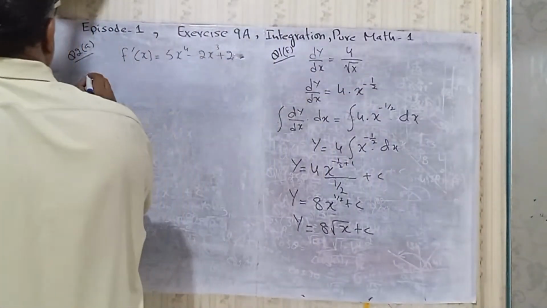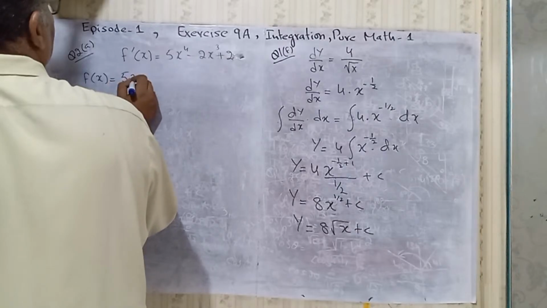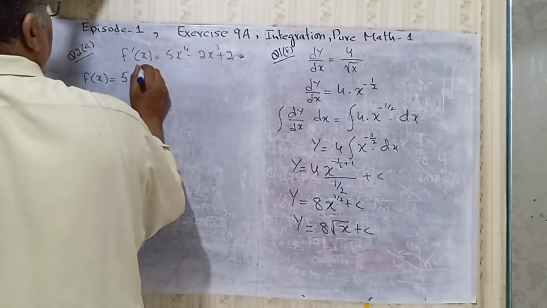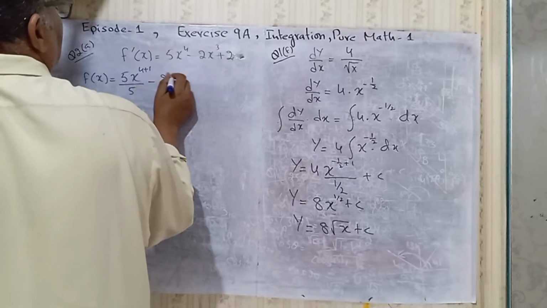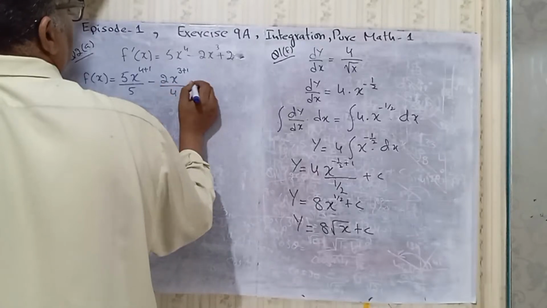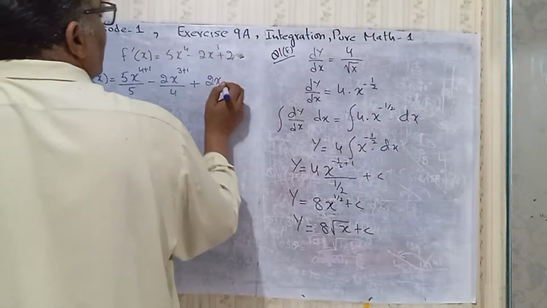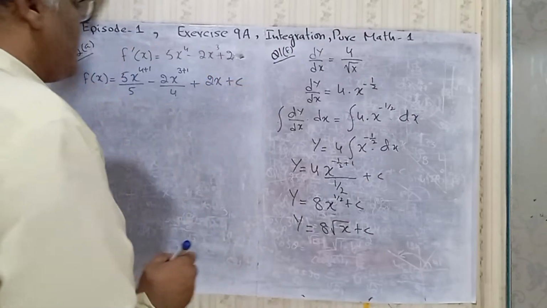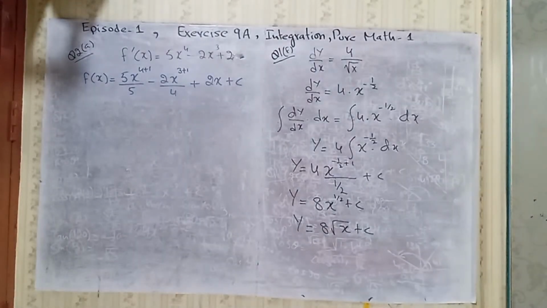When I integrate it, this will become only f of x, and that will be equal to 5x, the power will increase by 1, and you divide with that number, minus 2 x raised to power 3 plus 1 divided by that number, plus the integration of the constant term, that is 2x, and plus c. Okay, this is how you represent this.